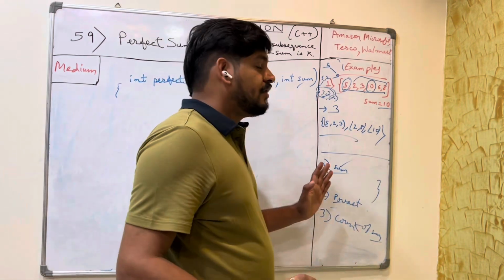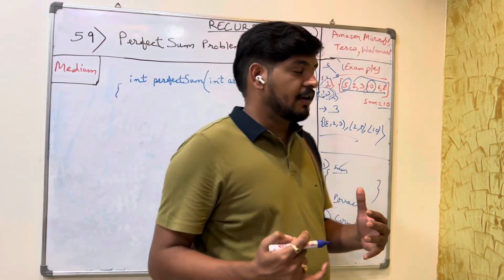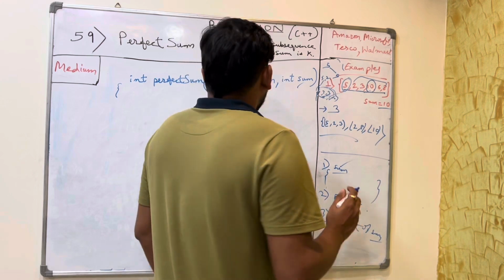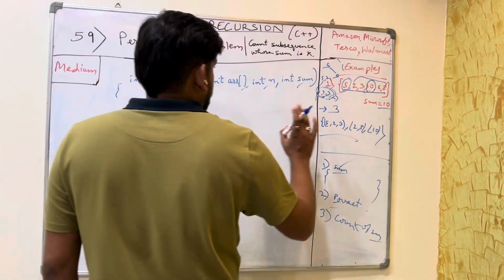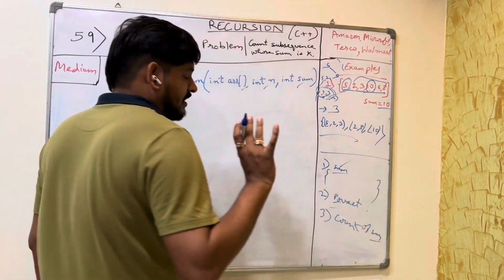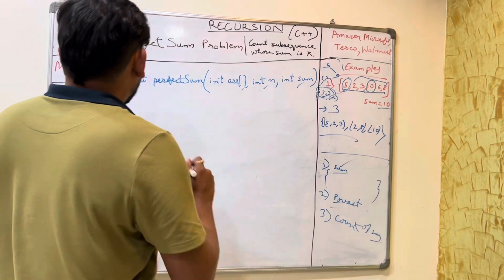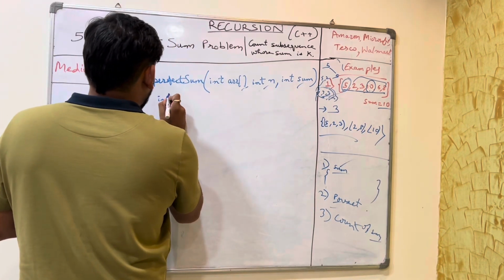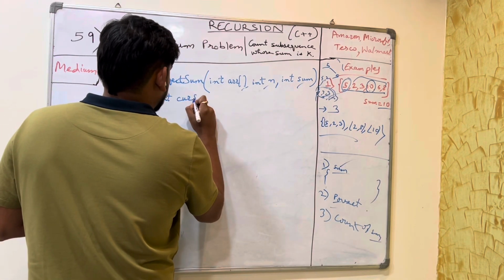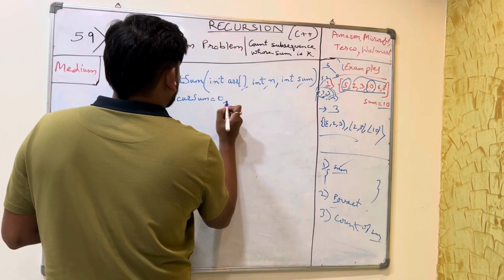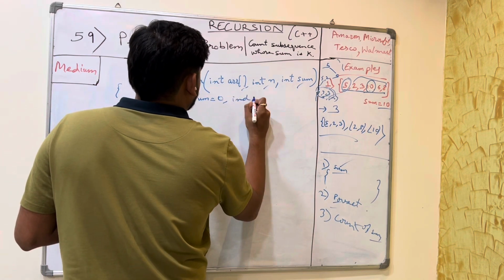Okay, so we will use again the pick and not pick logic. I'll just code this, and then I'll draw the recursive stack, and then you'll understand. We will have a current sum equal to 0 and index equal to 0.